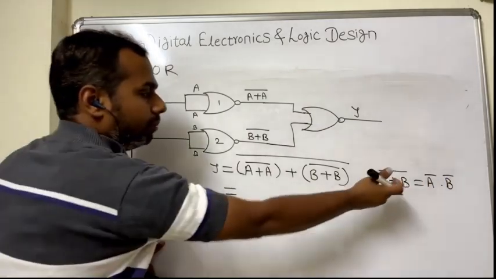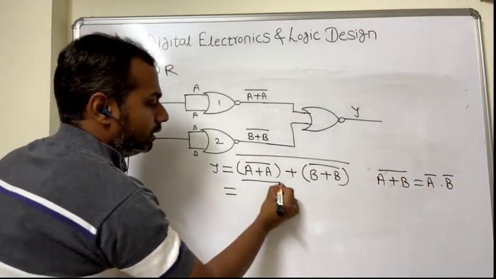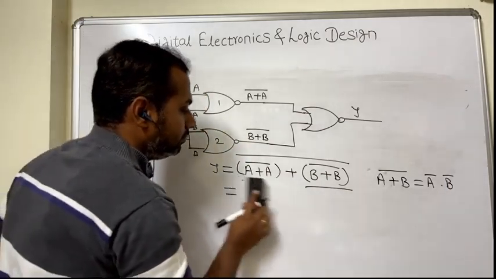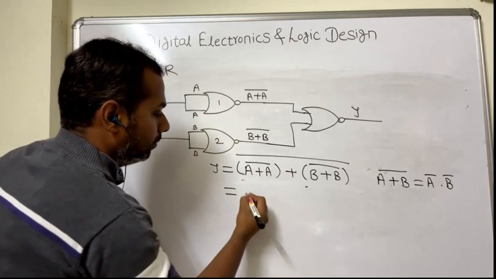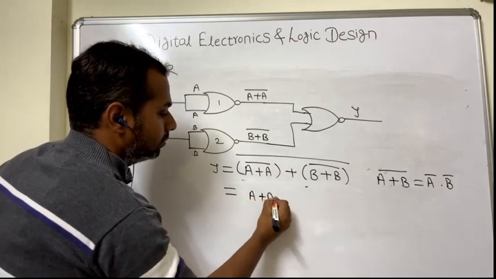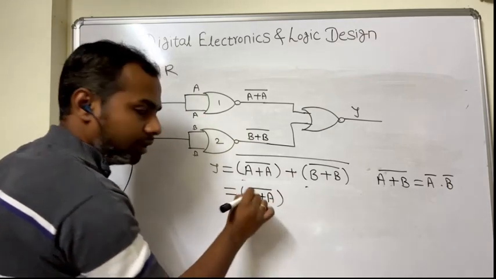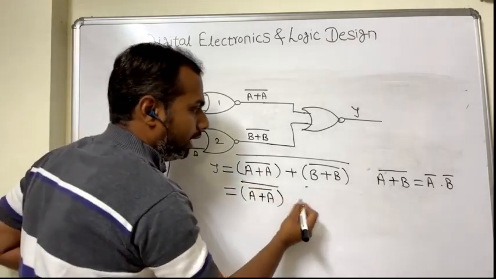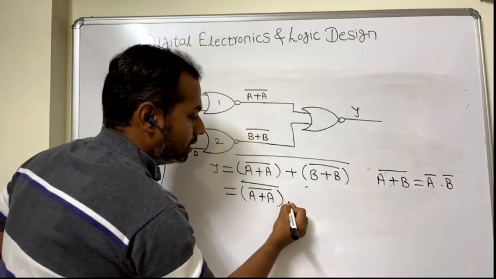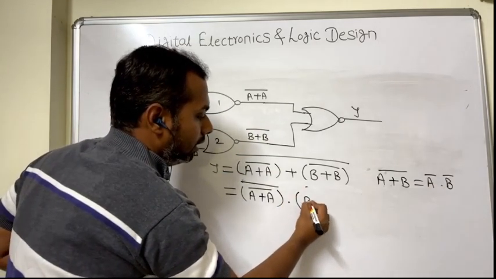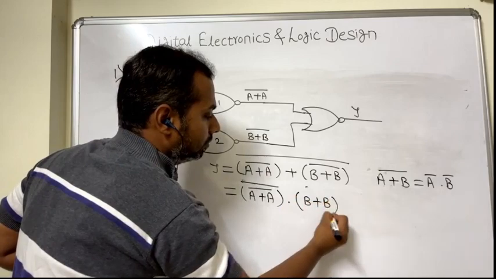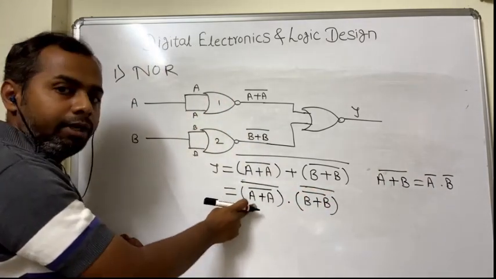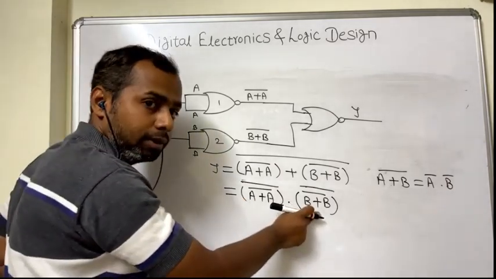So here if I apply that theorem, if I treat this as a first term and this as a second term, I can write first term, this is my first term, I will take its complement, and instead of or we are taking and here, and this is my second term. Okay, and its complement. So now we are having double complement of first, double complement of second.